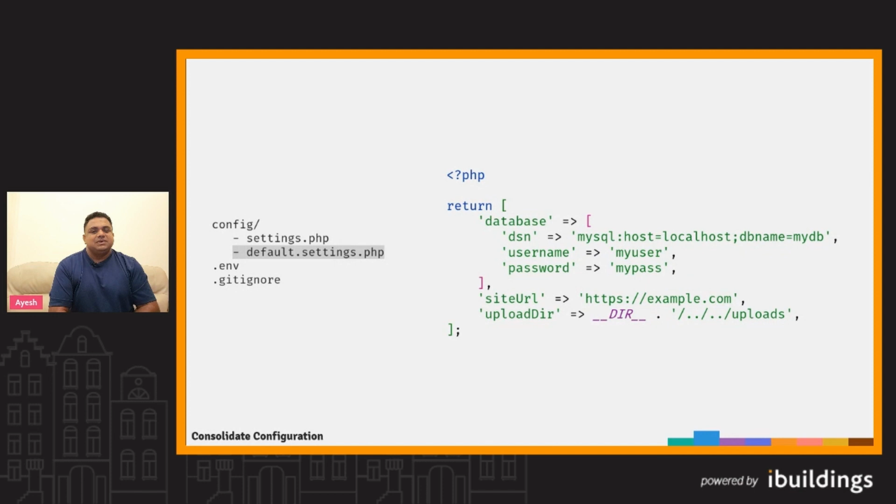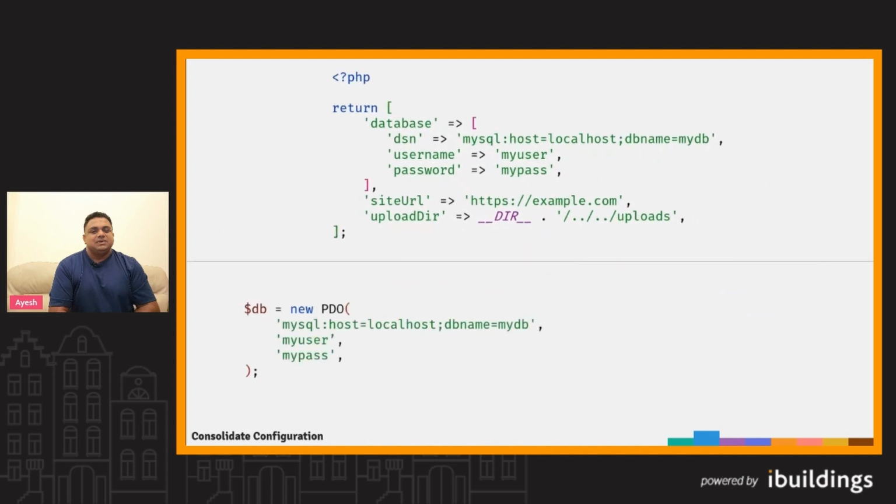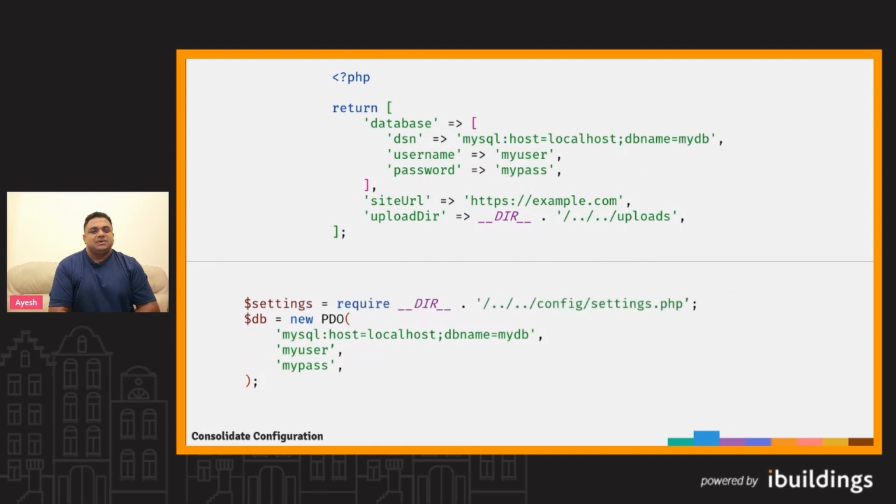So first step, we extract all of the configuration values to a single file. And then we will go through all of the places that we had these baked in or hard-coded configuration values. And we have to include the settings file, because we need to import the settings array, and then we replace them with the values that come from the settings.php file.